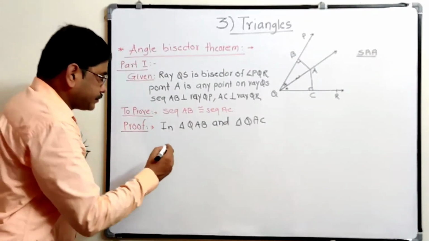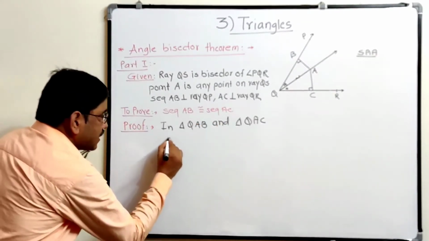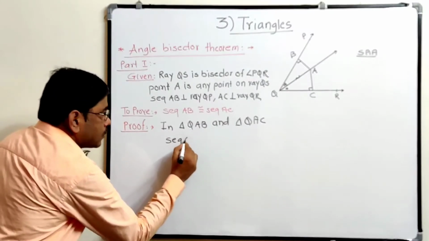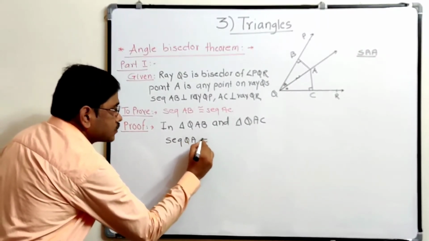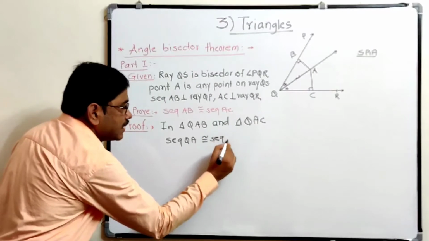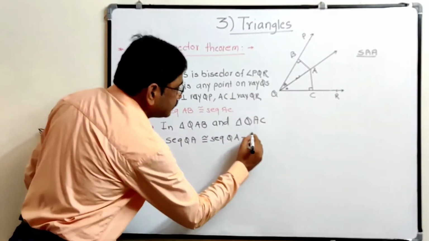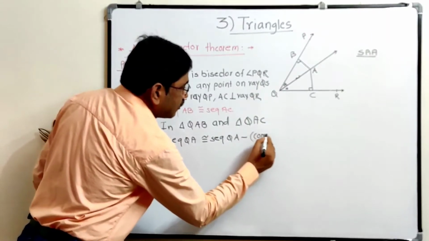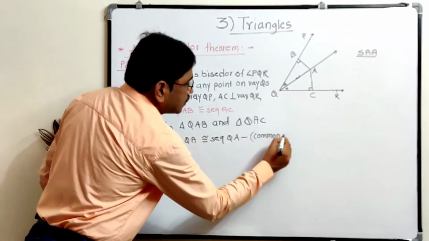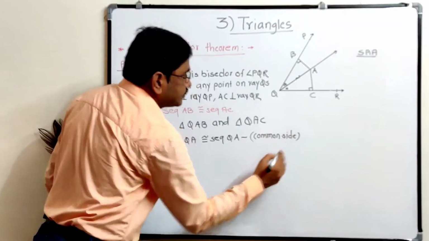So here in the triangles, segment QA is congruent to segment QA. This is the common side. Write the reason for each step: common side.